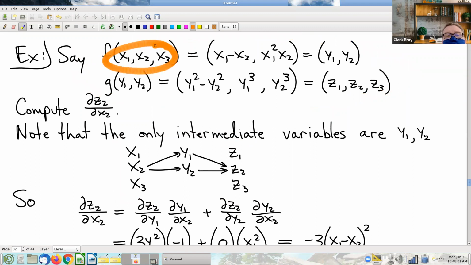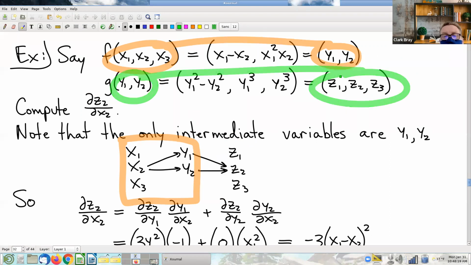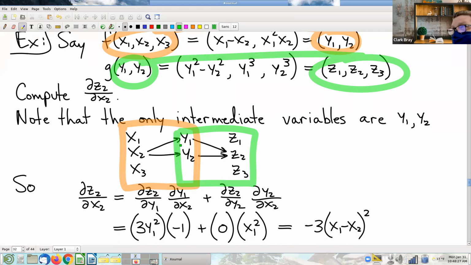F turns these x input variables into these y output variables, right? x1, x2, x3 are the inputs, and then y1, y2 are its outputs. And then G turns those outputs, y1, y2, into further outputs, final outputs, z1, z2, and z3. So notice I've got that now represented on my little diagram, my little roadmap down here.